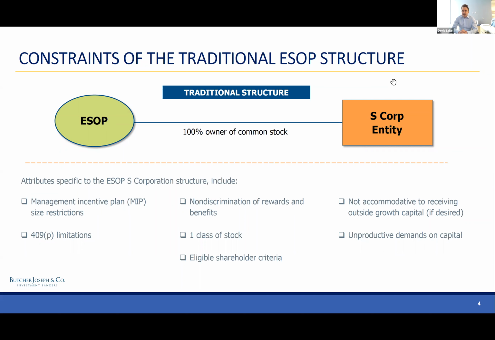But suffice it to say, if you're in this structure, you definitely do not want to violate 409P. It's incredibly punitive. And even if you're well in the clear, it might be a burden to test and qualify for this year after year. So something to think about.